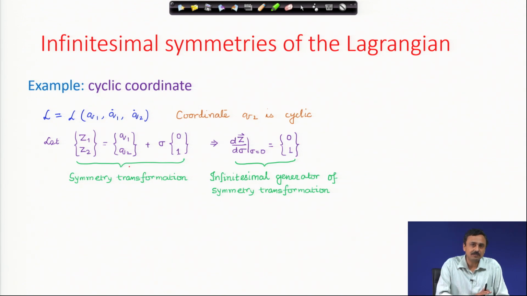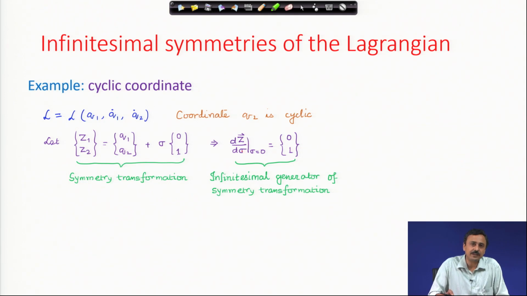If the Lagrangian is invariant under that transformation, then we start calling it a symmetry transformation. If an infinitesimal symmetry is generated, that means d L tilde d sigma at sigma equal to 0 is 0, then we say that the transformation is an infinitesimal symmetry transformation.